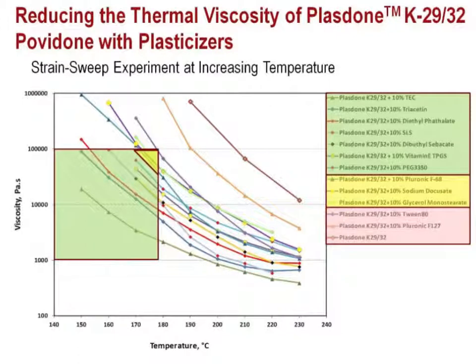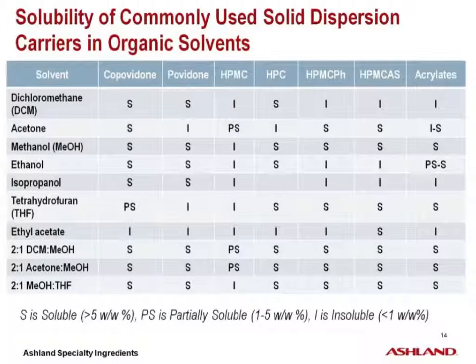Some of the plasticizers are more effective than the others, and Povidone K29/32 becomes extrudable with the selection of the right plasticizers. What you are seeing here in this table is the solubility of commonly used solid dispersion carriers in organic solvents.